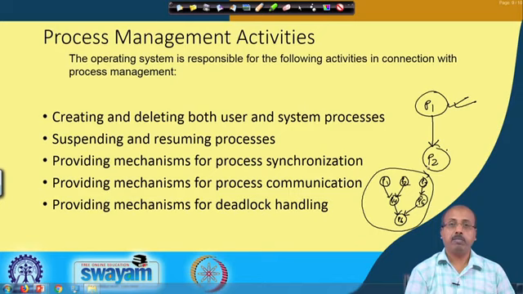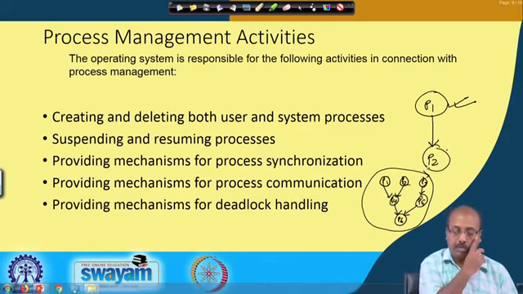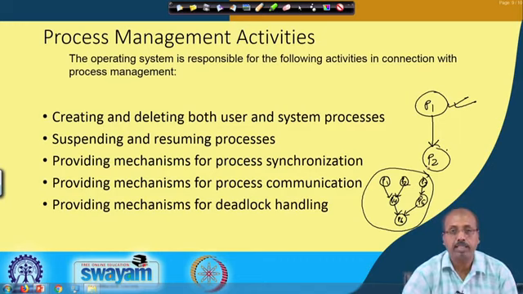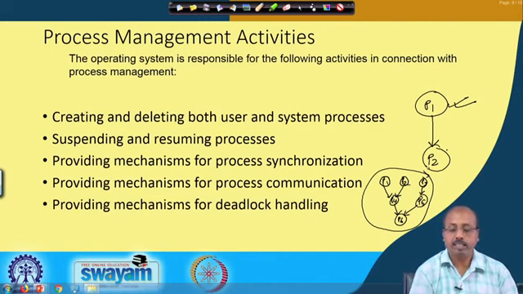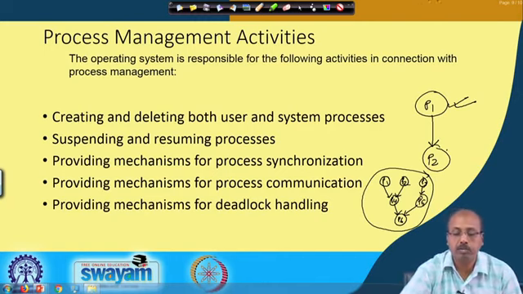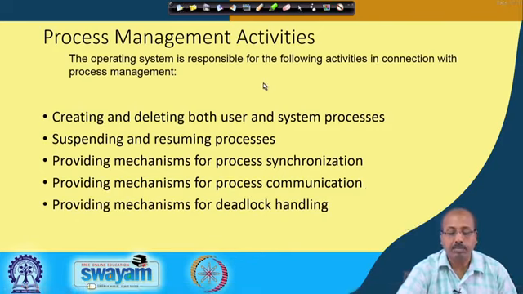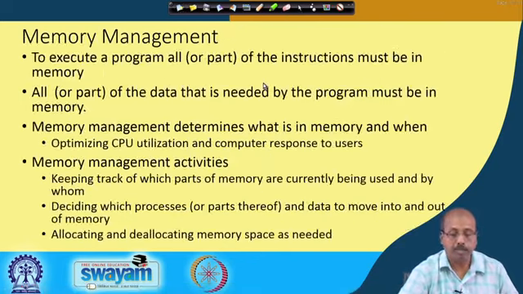Ultimately all the processes go into a cyclic situation, and in the entire system nothing is progressing. That is a deadlock situation. We will see it in more detail when we get to the discussion on deadlock. So, these are the responsibilities of the process management part.